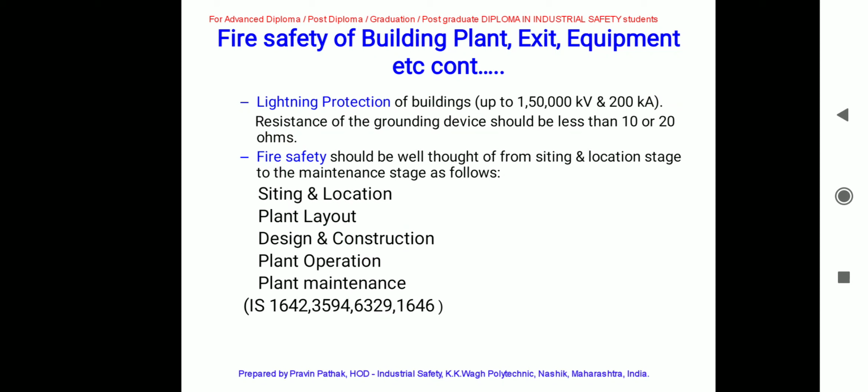So what exactly the site should be, what is the location, then the ideal plant layout should be followed, design and construction of the building or the equipment structures etc., then the operations in the plant must be carried out with less fire hazards, then how to maintain the plant with the help of different types of maintenance, and again we must think of fire hazards for plant maintenance. So it is a very good move to think about fire safety before finalizing the site location.